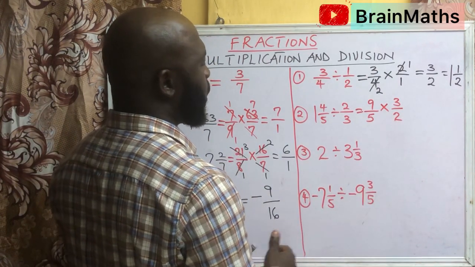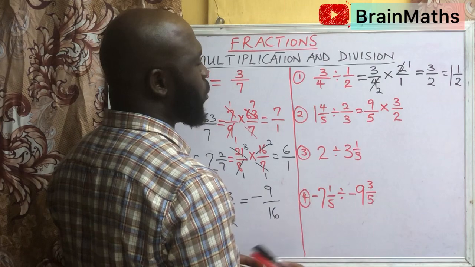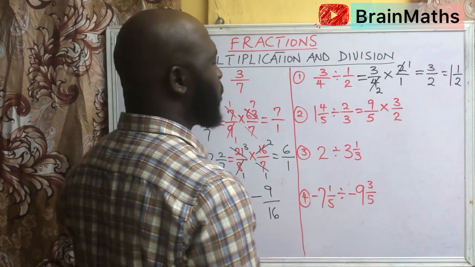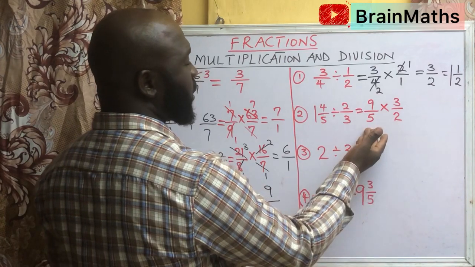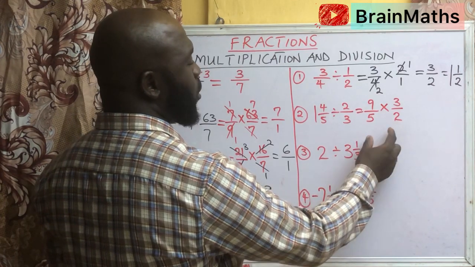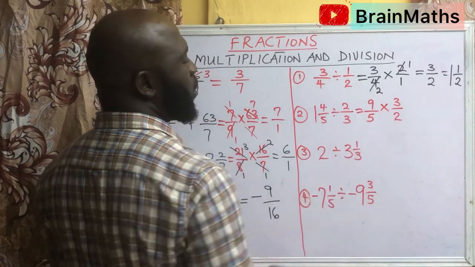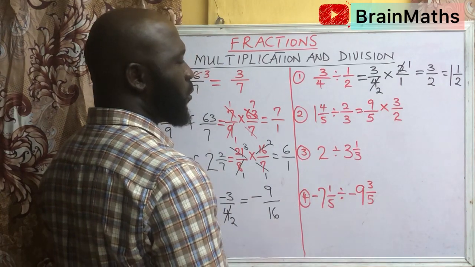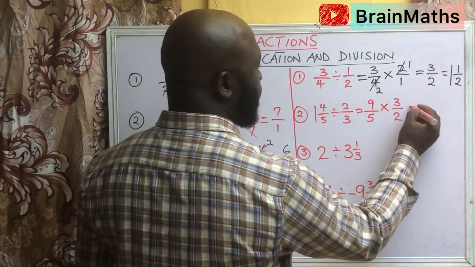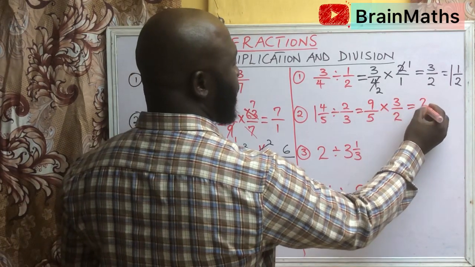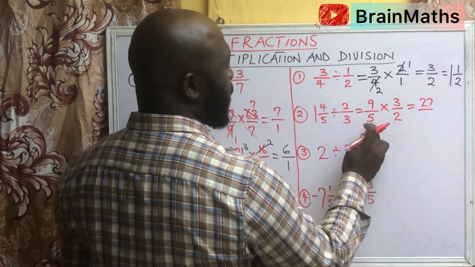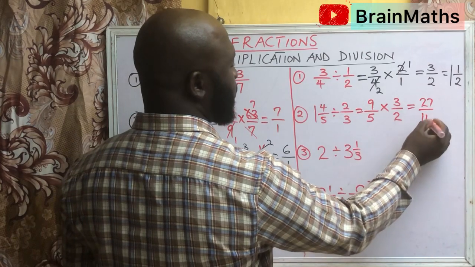So in this case now, we are going to look at what is common through the table. But if you look at the denominators, both 5 and 2, none of them can cut both 9 and 3. So therefore, we are going to multiply out by saying 9 times 3, 27, over 5 times 2, 10.